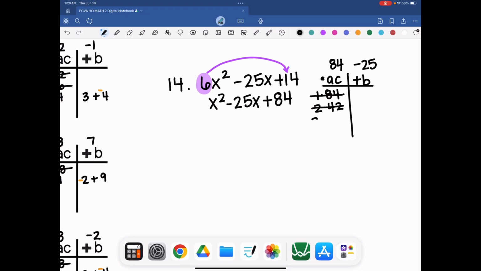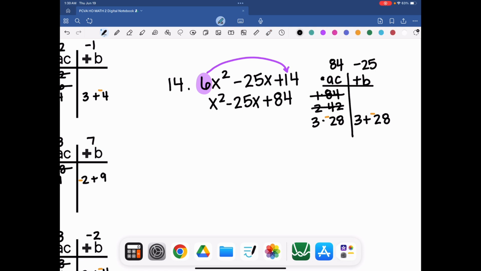So we would have to make that 28 a negative. So here's where an issue comes in. If I do 3 plus negative 28, that does give me negative 25. But 3 times negative 28 is not going to give me positive 84. And I need positive 84.